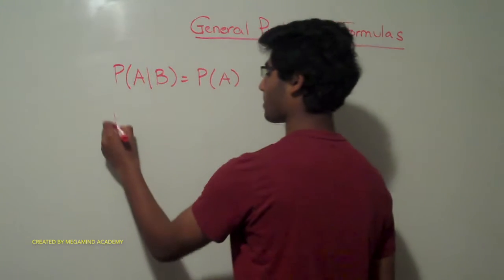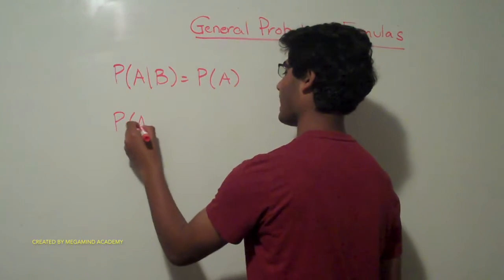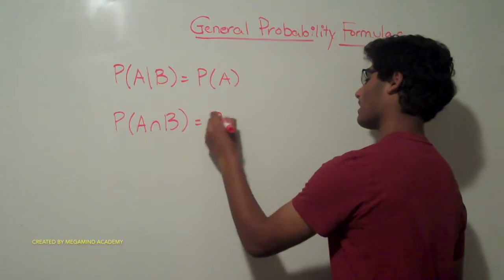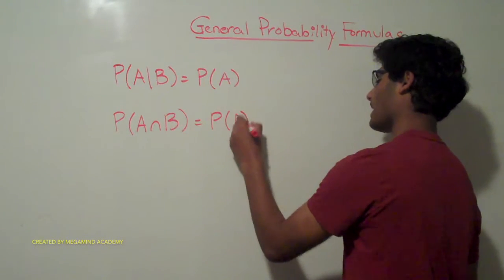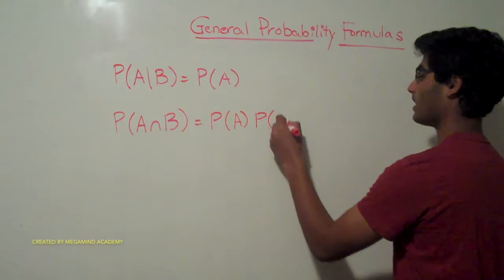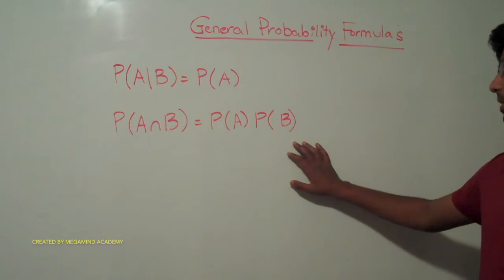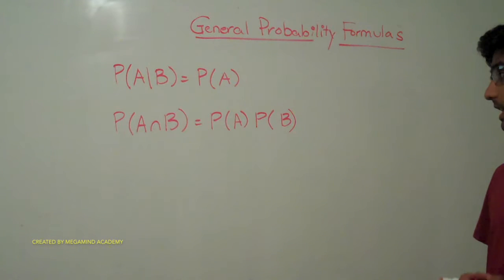The other formula is the probability of events A and B occurring is equal to the probability of event A times the probability of event B occurring. If this is true, then the events are independent as well. So both of these test the independence of events.